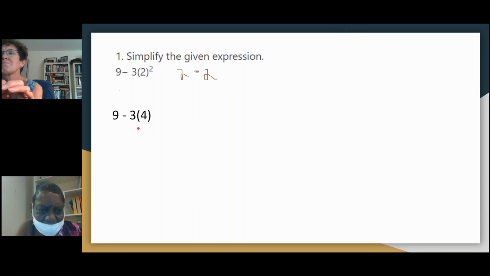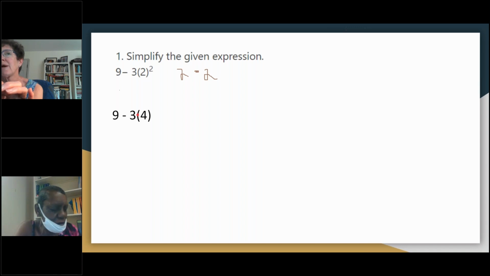So I said, what is it? 3 times 4. 12. Beautiful. So when you see a number and right next to it are parentheses, this means multiply.